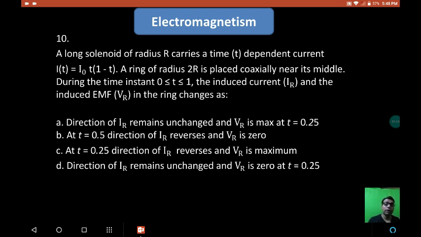At a point the current will go in the reverse direction, which means the EMF will be 0. Once the EMF becomes 0, the current moves in the reverse direction. We only have to apply this rule. I think this question is a little bit shifted to the difficult side. Let us solve the problem.